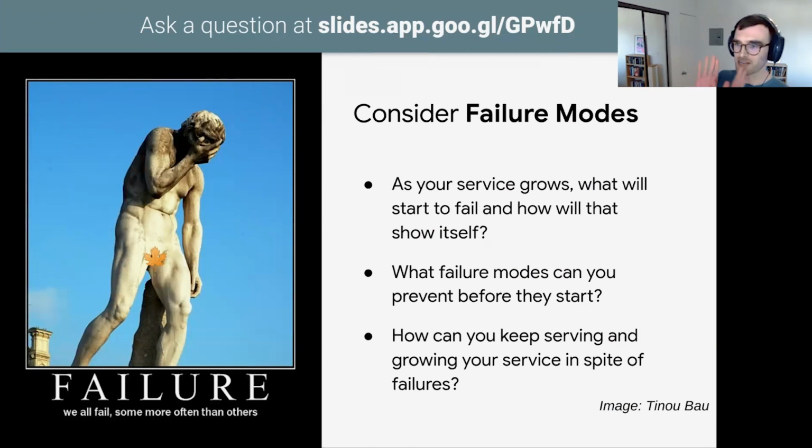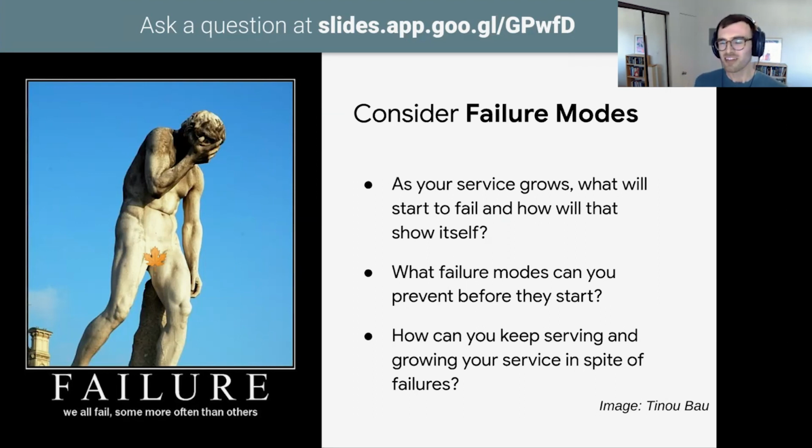Now we're talking about what would actually tip over that big thing that has grown. These can be internal things, and these can be external sources. The goal is to design our system such that the failure modes are prevented before they start. We want to be proactive rather than reactive.